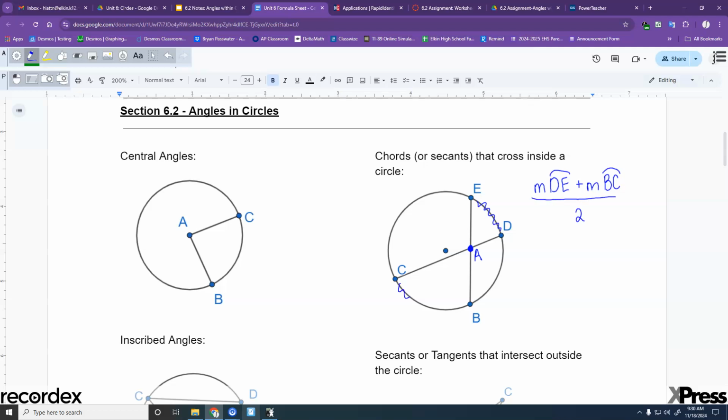So if I take these two arcs, add them together, divide them by 2, that's taking their average, right? It is going to equal the measure of angle CAB, or we could say DAE as well, because those two angles will be equal to each other.